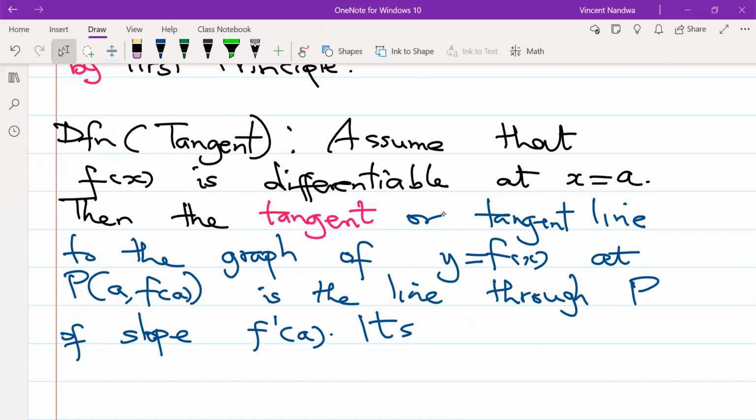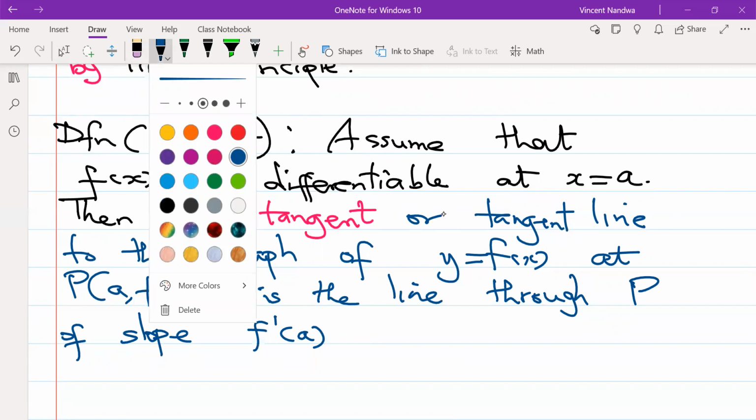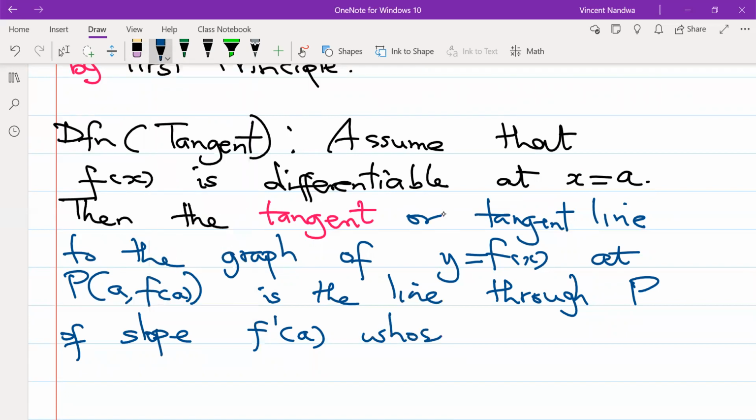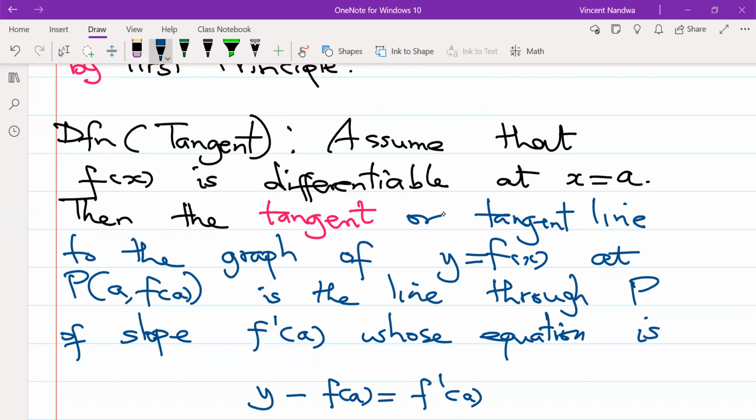Its equation is given by y minus f at a equals f prime at a times x minus a.